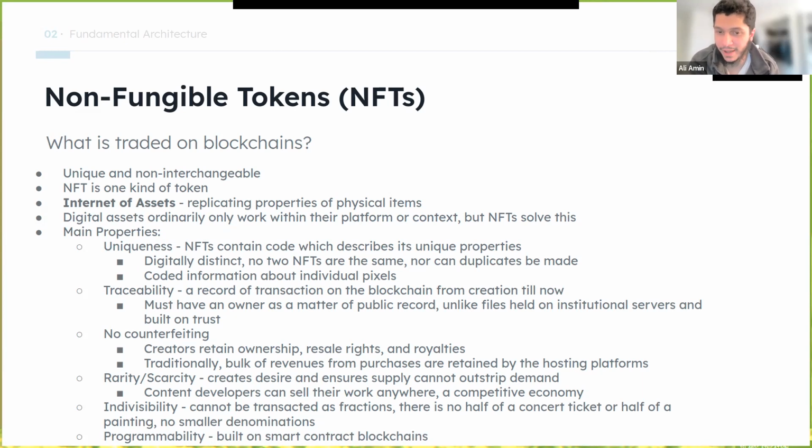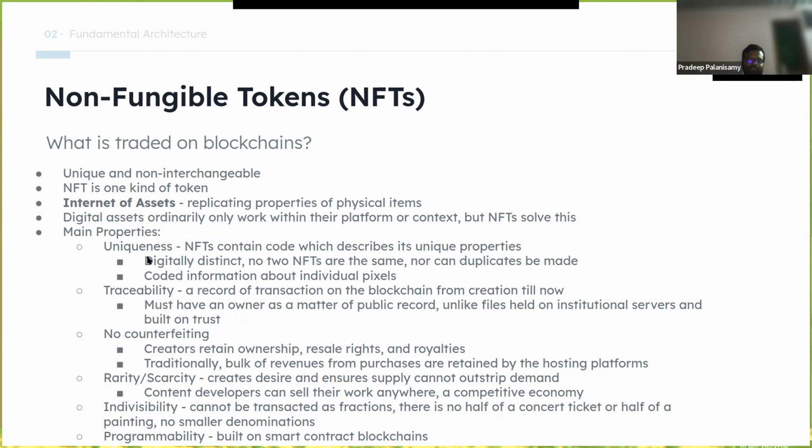So they're not platform specific or context specific. It's supposed to be platform context agnostic. So you retain total ownership, and whatever platform you decide to use, the assets are not tied or based on a particular platform. You retain the ownership of them. That's the main idea.